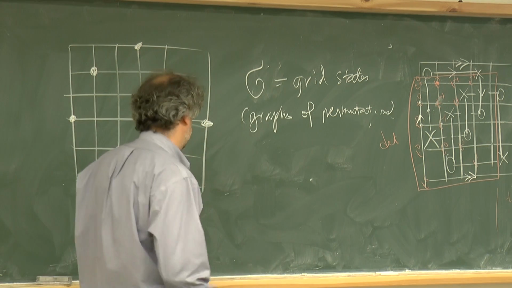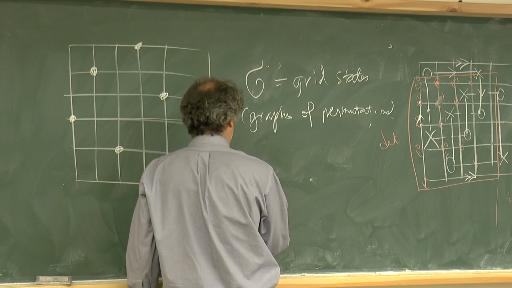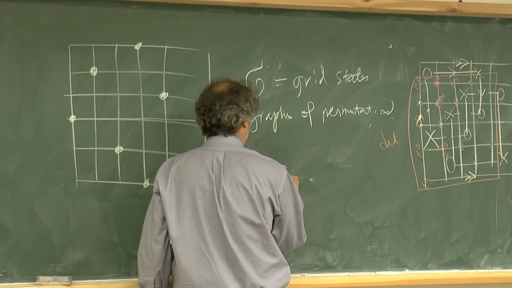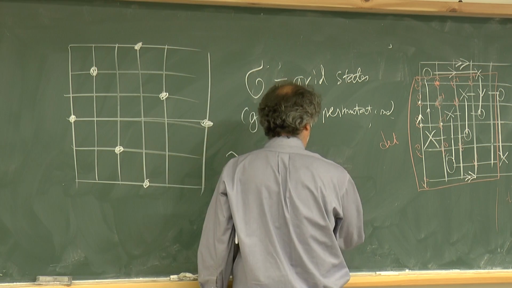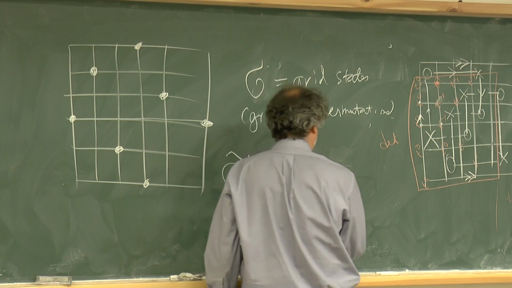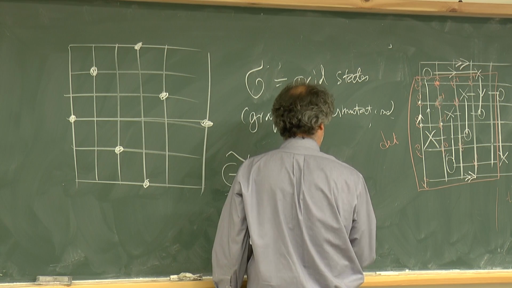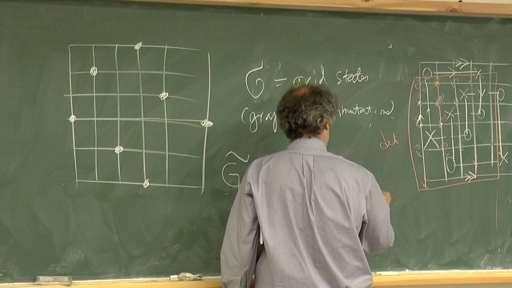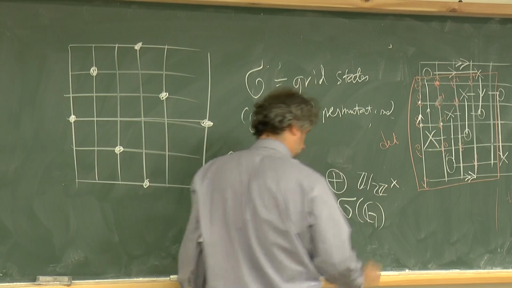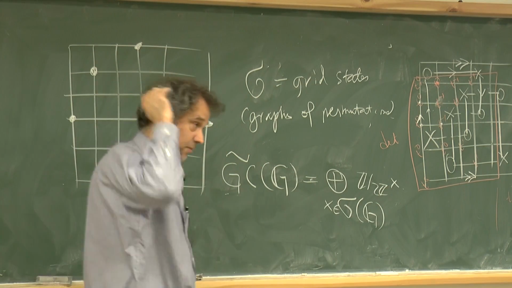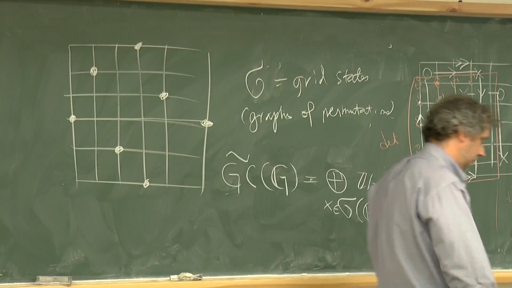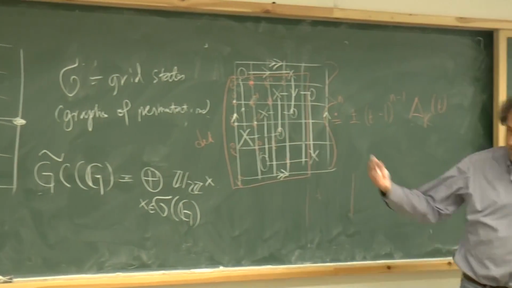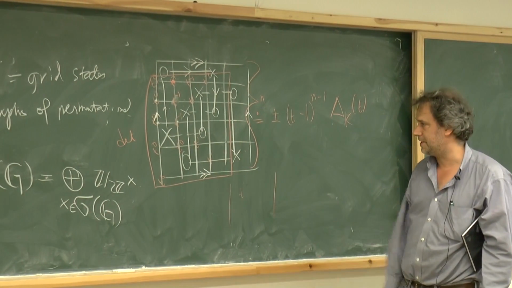So what I would like to do is define a chain complex, which I'm going to now call GC tilde of our grid diagram, which is just the vector space generated by grid states. Let's work with Z2 coefficients, though we can work with Z coefficients with a little extra work. So we're going to have the vector space generated by these grid states.